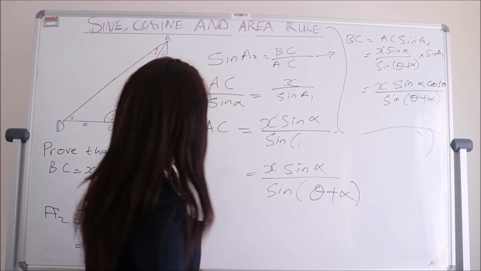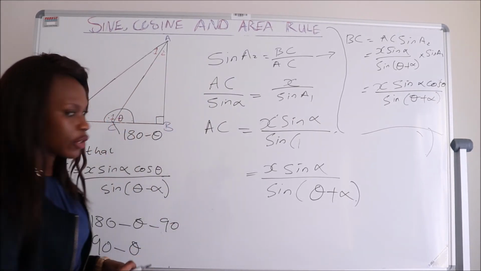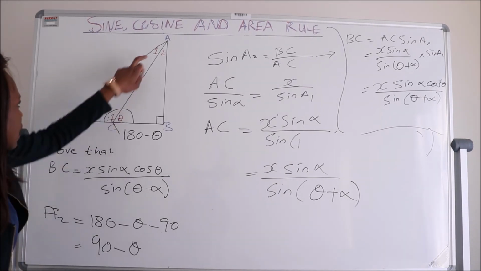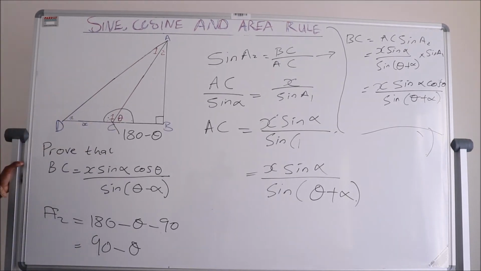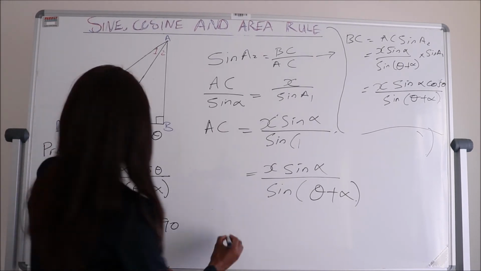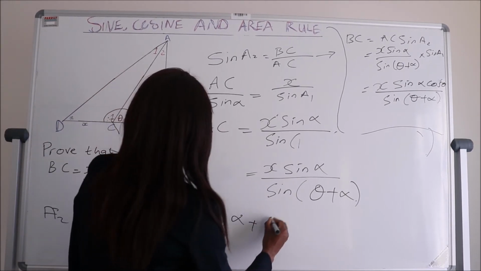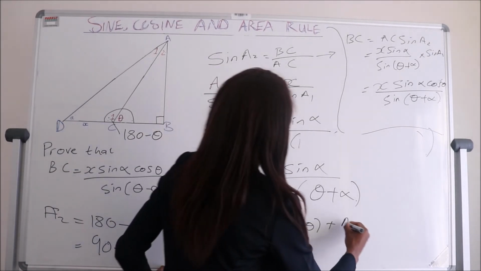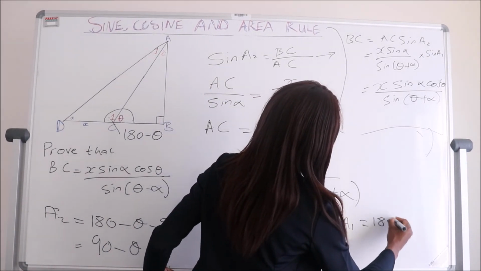The sum of angles of a triangle should be 180. So that means that this and that one should give us 180 when we add them together. So let me just do them the traditional way, of which it will be beta plus 180 minus theta plus the angle of A1 is equal to 180 degrees.